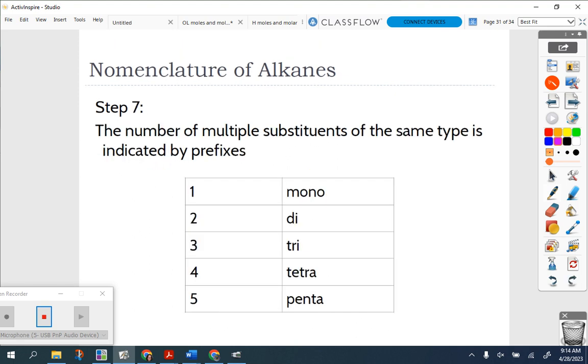All right, so again, if we have multiple methyl groups or chlorines or whatever, we use mono, di, tri, tetra. Don't ask me why. I don't know the answer. Lowercase, yeah.